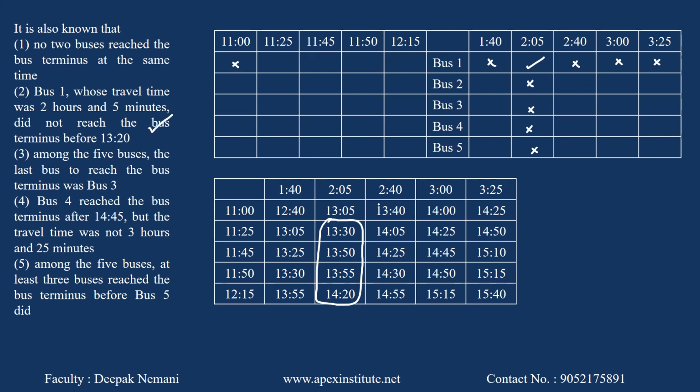Done. Now, among the 5 buses, the last bus to reach was bus 3. Okay. So 1, 2, 3, 4, 5. This was bus 3. Now, bus 4 reached the bus terminus after 14:45.